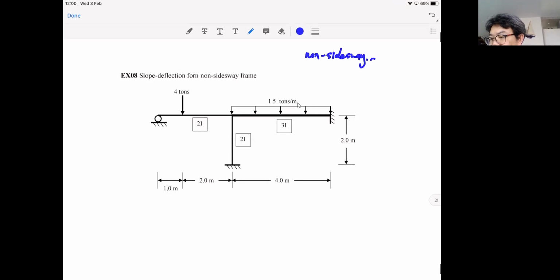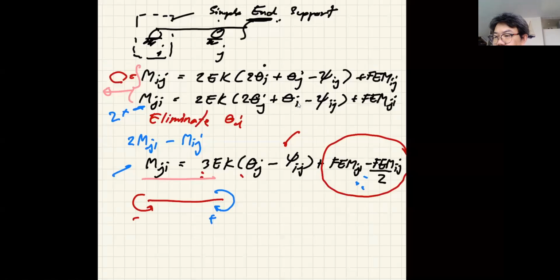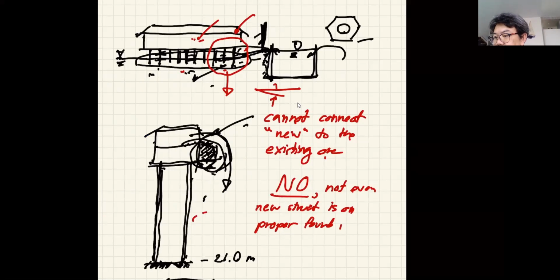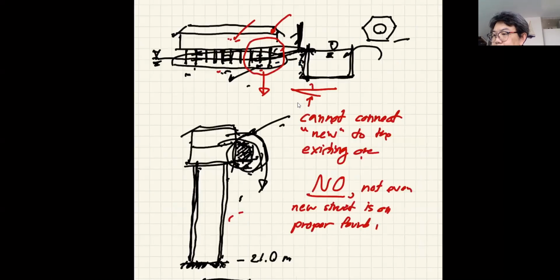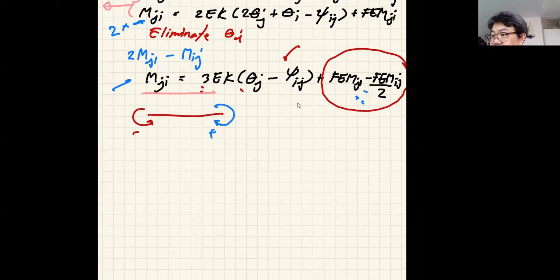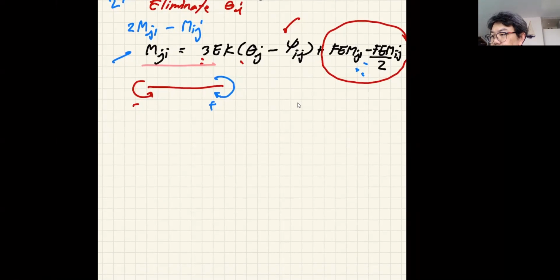Now, generally, if you can recall, I drew one frame earlier today. This one would definitely sway simply because if you look at the members here, there is no lateral restraint. So when we have the lateral load, it would just go to the side, and we call that side sway. Now, I can also have the side sway frame even though I don't have the lateral load.